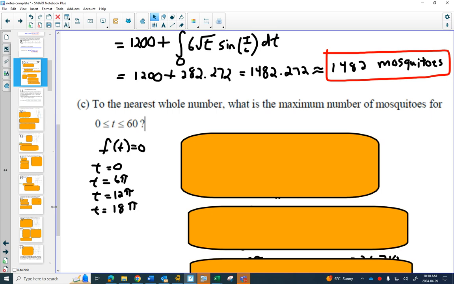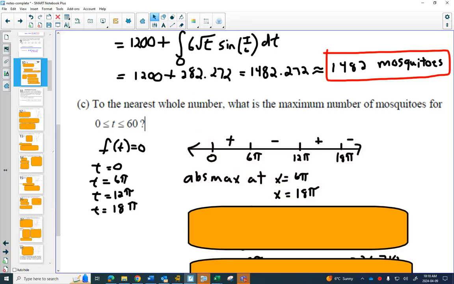So if you put in 6 pi, or 12 pi, or 18 pi, all of those are places where our rate will equal 0. And so these are all of our critical points. And these pluses and minuses, this is curve sketching. This tells us our function's increasing or decreasing.